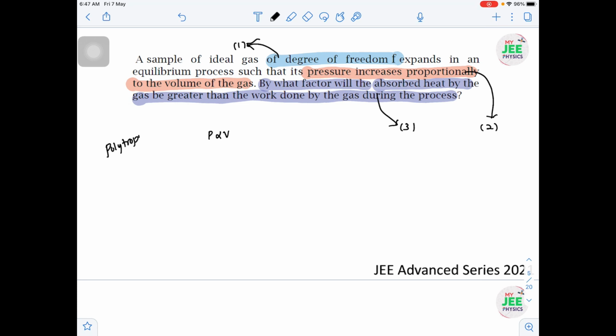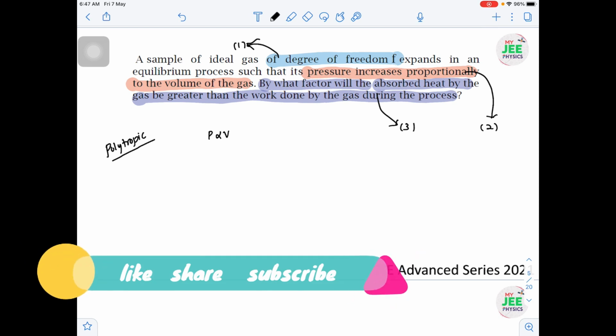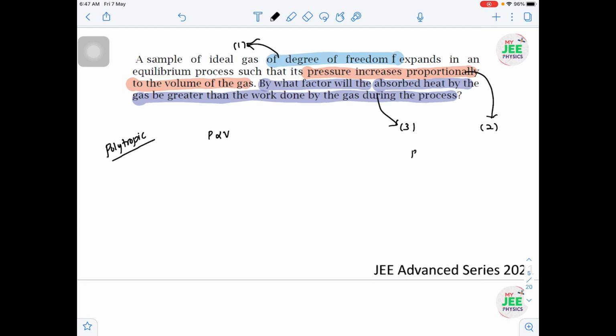So always I suggest to students to follow the polytropic process carefully, so that you can solve all the questions easily. It is PV^x equal to constant, where x is not equal to 1, not equal to 0, not equal to gamma, and not equal to infinity also, but that's not suggestible.